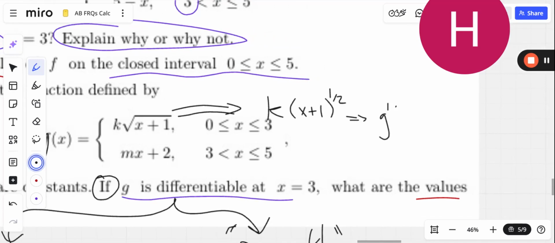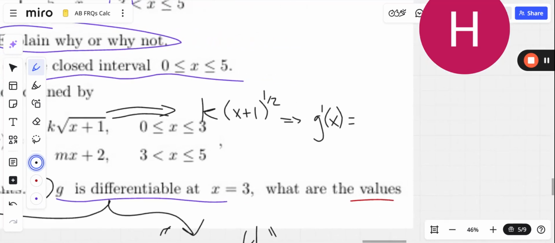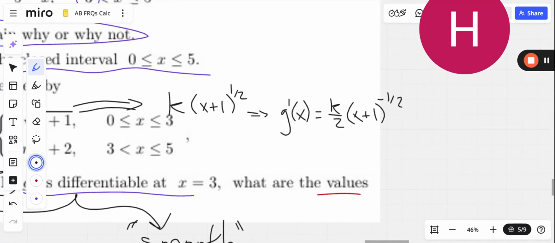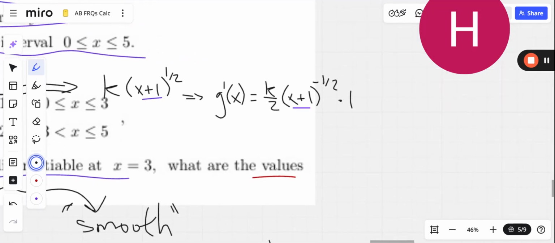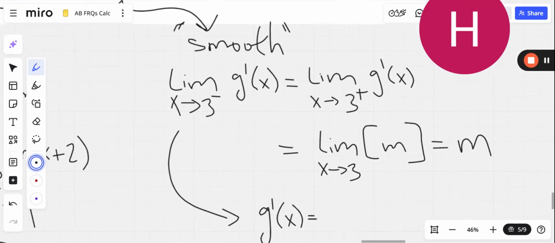So therefore g prime is going to look something like this: 1/2 times k, (x plus 1) to the minus 1/2. And then you would theoretically use the chain rule inside, but the derivative of that inside is just 1, so there's nothing really to consider there. We could rewrite this as k over 2 square root of x plus 1, which I'm going to do here.